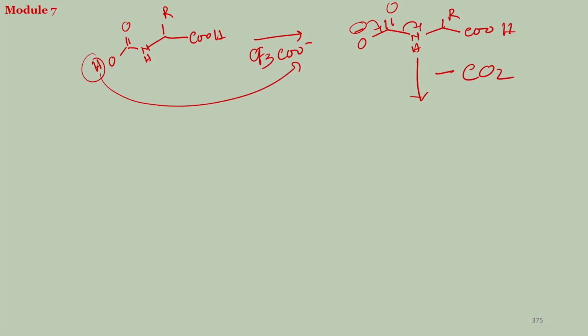I have written it stepwise, first this, then this. It can happen at the same time, that this will take up this proton and then this will go here, and carbon dioxide would be eliminated. That will give you the NH minus, followed by protonation again, which will give you the amine back. So, that is how the deprotection of Boc works.